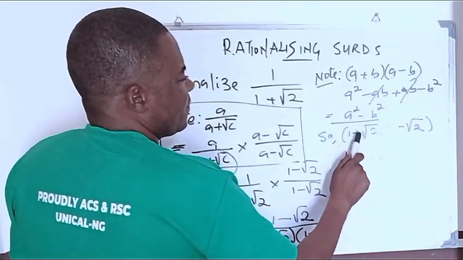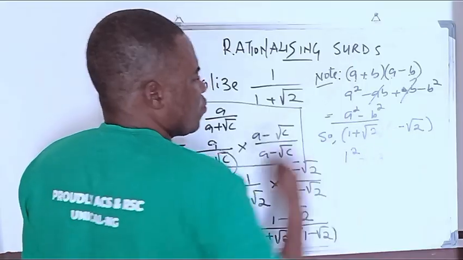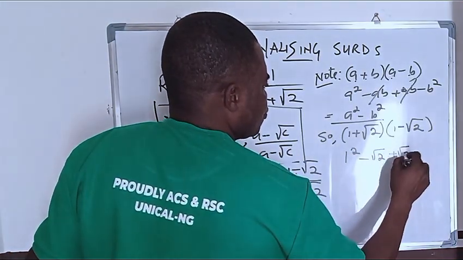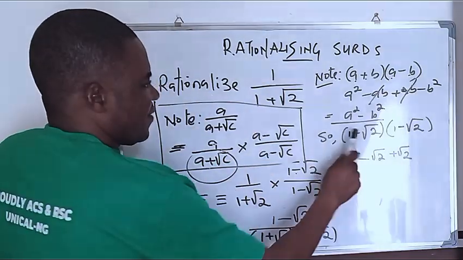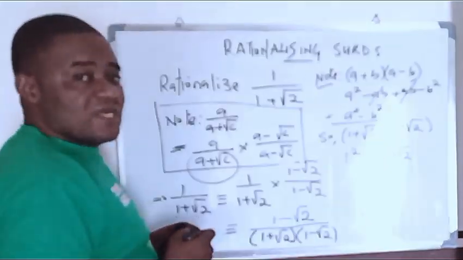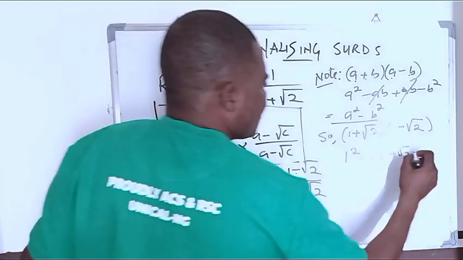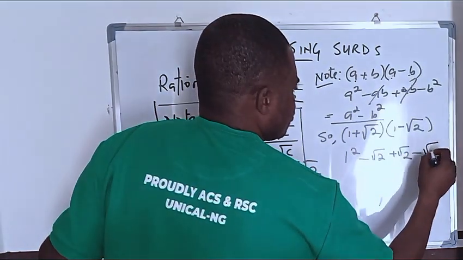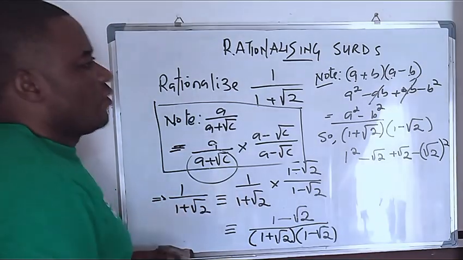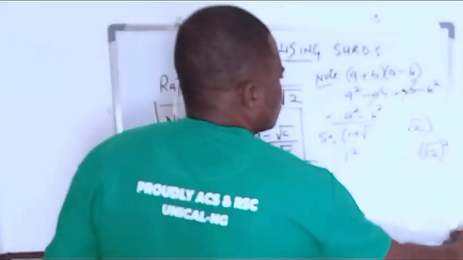We come to this. Plus root 2 times 1 will give us plus root 2. Plus root 2 times minus root 2, plus and minus is minus. So we have minus the square of what? Of root 2.